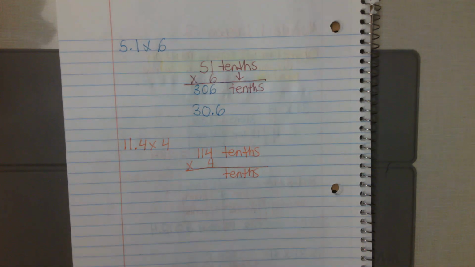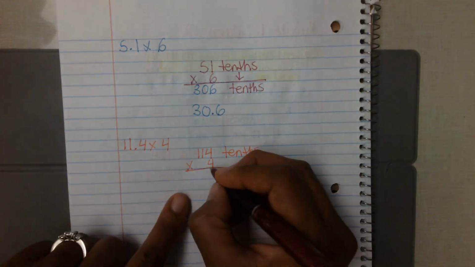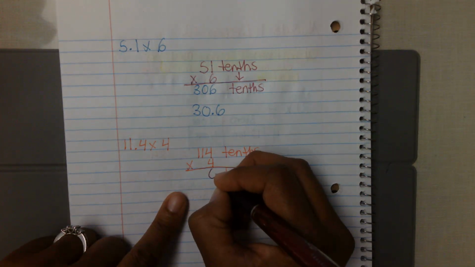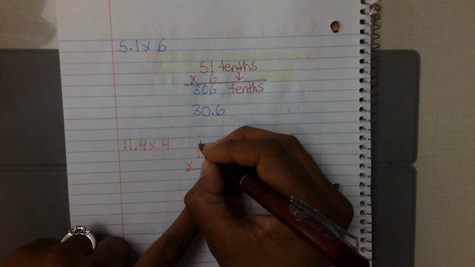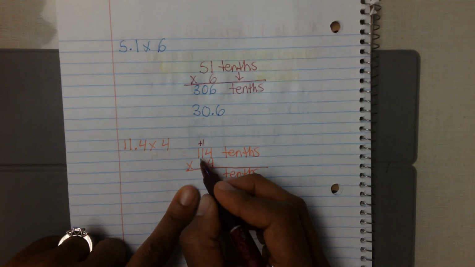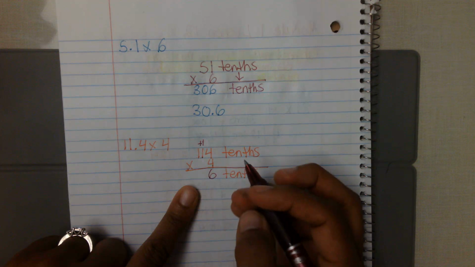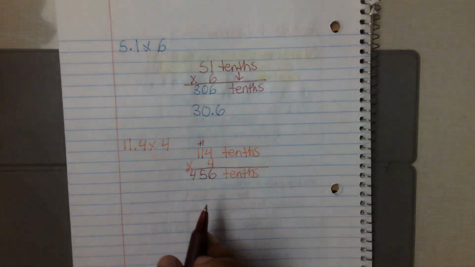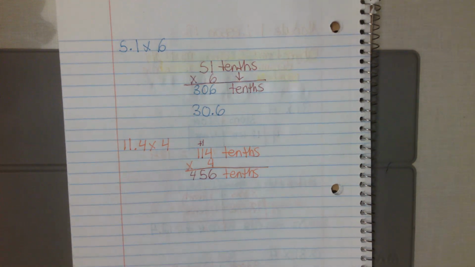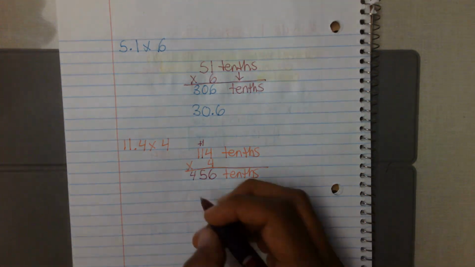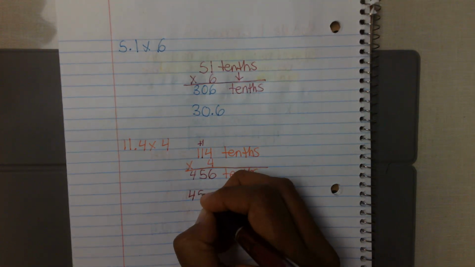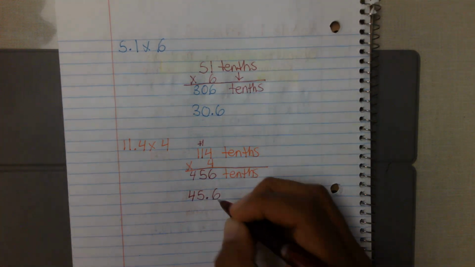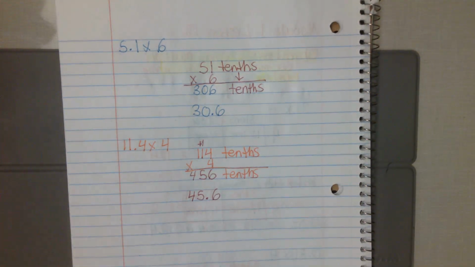So then I just get to multiply how we've always multiplied. 4 times 4 is 16. I leave my ones. I regroup the tens. 4 times 1 is 4, plus 1 is 5. 4 times 1 is 4. So my answer is 456 tenths. But for me to write it in standard form, I need to put my decimal. I have to have one digit after that decimal. So that is where that will go.